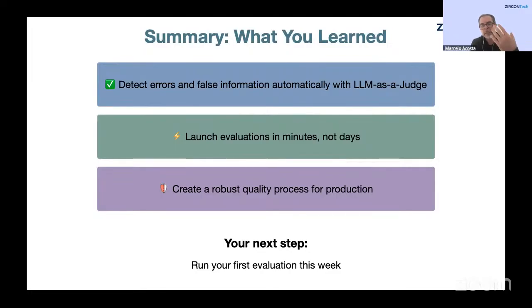Second, you saw how easy it is to launch these evaluations, and you do it in minutes, not days. You get these clear explanations about what you have to improve. And third, you have the tools to create a strong quality assurance process. And this is the separation of just an MVP or a prototype to a business application.